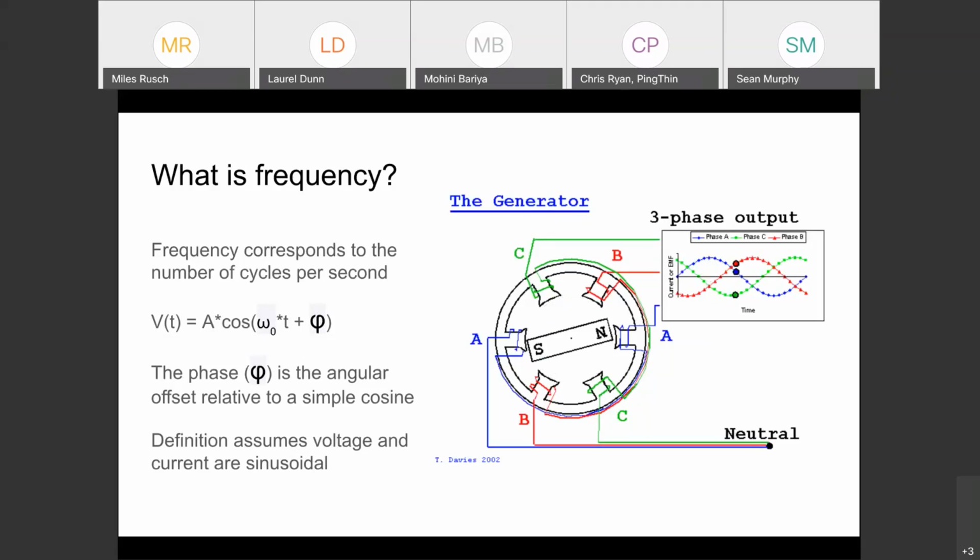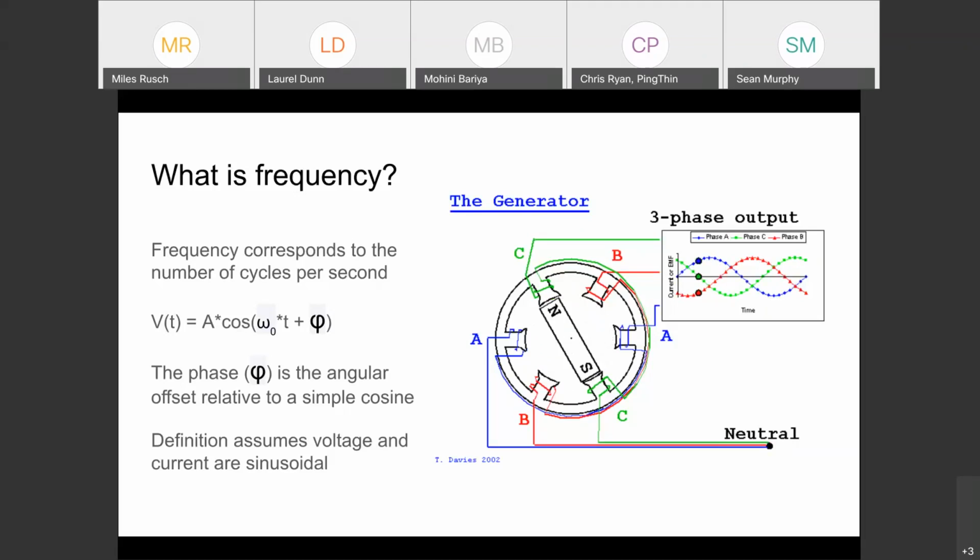And so we can model this rotation as a sinusoidal function with a magnitude, and Mohini just covered voltage magnitude, but there's also the argument of the sinusoid, and so here I'm breaking down that cosine argument into two terms, omega naught times t, which is omega naught being the nominal 60 hertz frequency on the grid, and then phi, which is the phase of this oscillation.